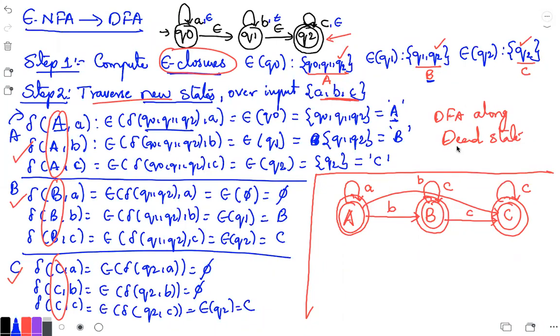So when asked about the dead state, for B on A you make a dummy state D, a dead state, and make the phi path go to it. So B on A, nothing, make it go to the dead state. In the same way, C on A and C on B: C on A, B goes to the dead state D.